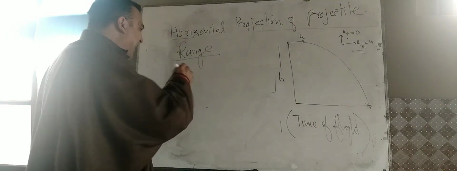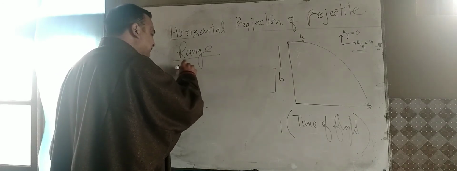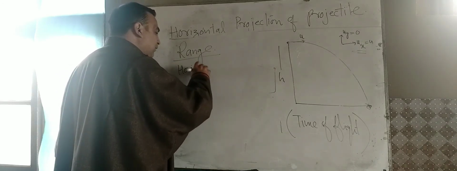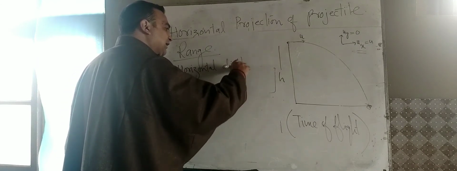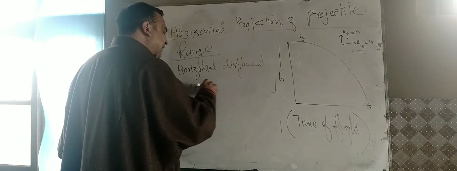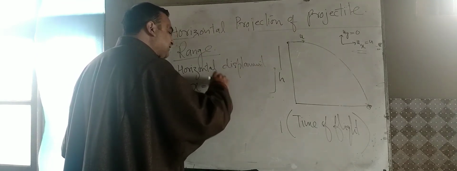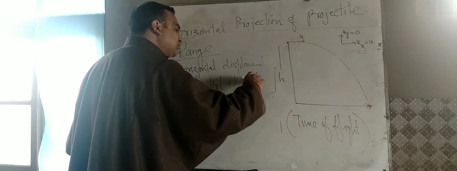Now, that means we are interested to calculate x. So, to calculate x, what is the horizontal displacement? The horizontal displacement is x. And that is equal to what? That is equal to uxt plus 1/2 of axt square.